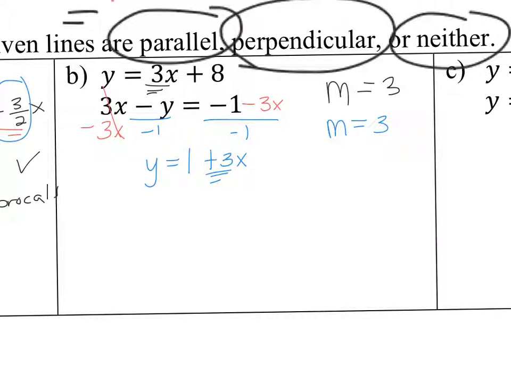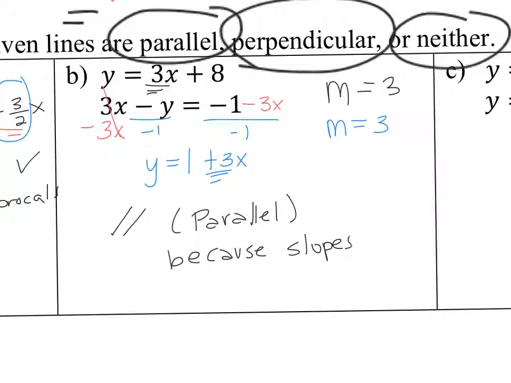So if these slopes are both the same, then they are parallel because slopes are equal. So if we got to a situation where the slopes were not equal and were not opposite reciprocals, then I would write neither.